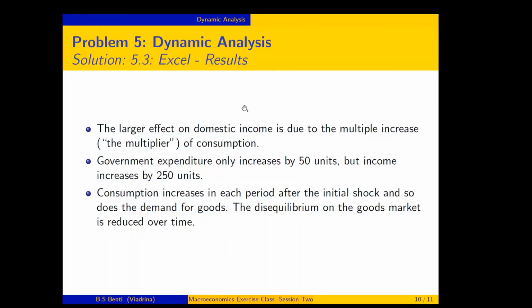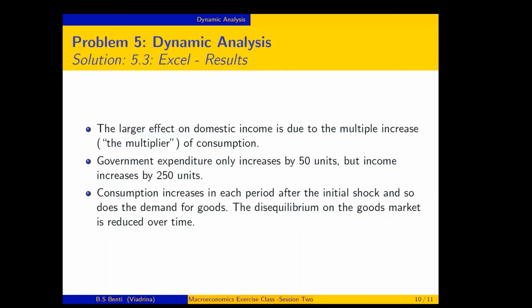So now we are saying after the Excel results, the larger effect on the domestic income is due to the multiplier increase of consumption. So we have seen that the consumption is increasing when the government expenditure is increasing from 100 to 150, and this is the government expenditure multiplier. The government expenditure increased by 50 units, but due to this government expenditure multiplier, we can see that income increased from 500 to 750 units in the new equilibrium.